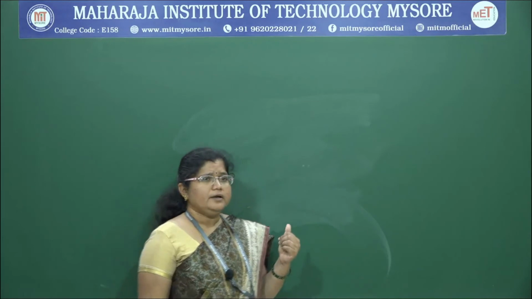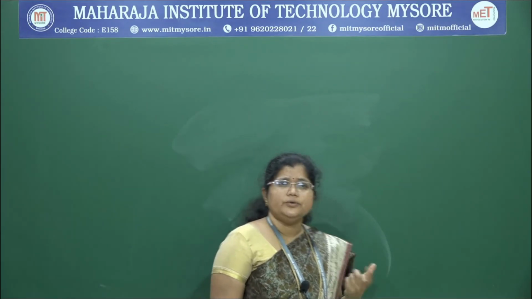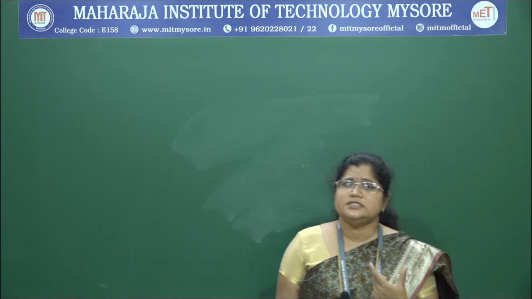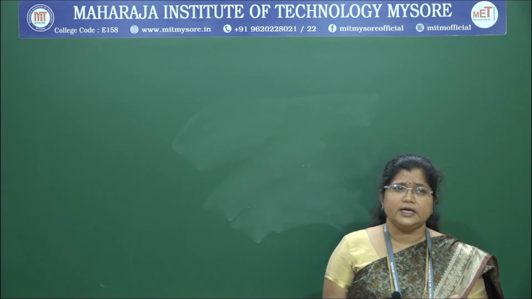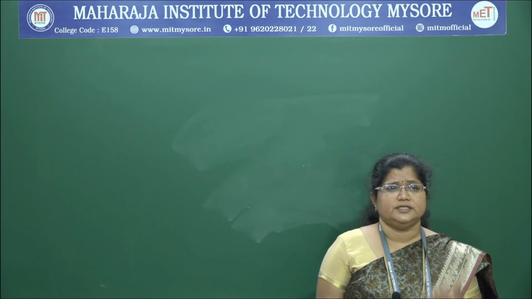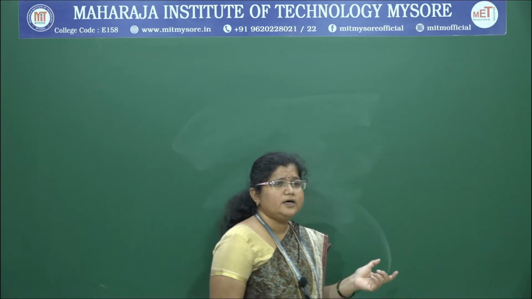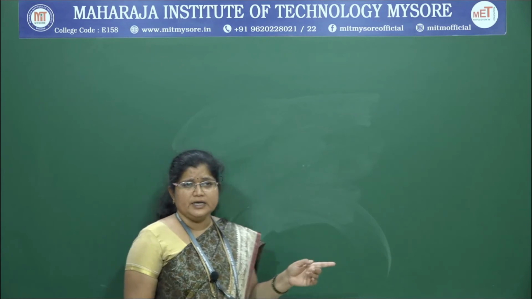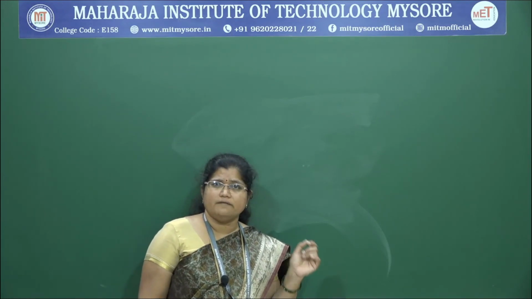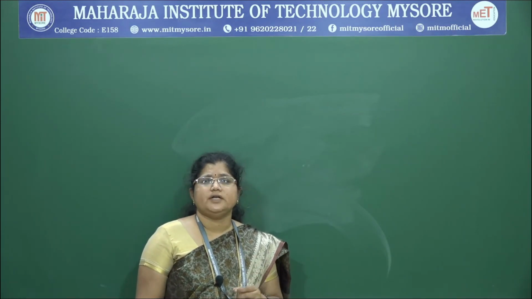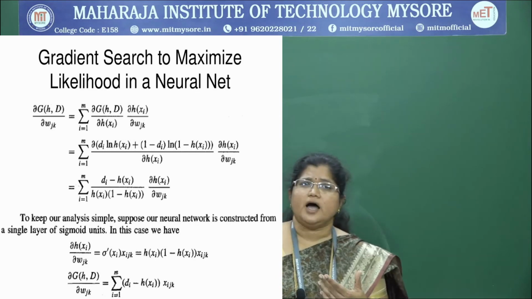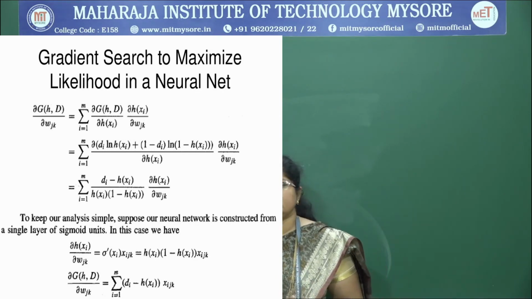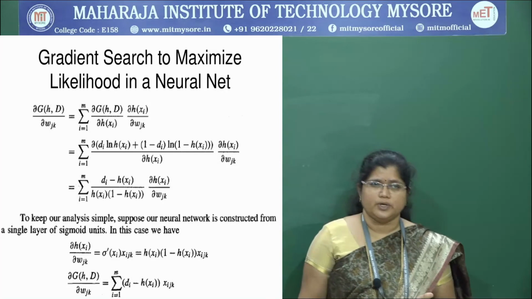So, deriving a weight training rule for a neural network learning that seeks to maximize the G of h comma d using a gradient ascent. So the gradient of G of h comma d is given by the vector of partial derivatives of G of h comma d with respect to the various network weights that define the hypothesis h represented by the learned network.